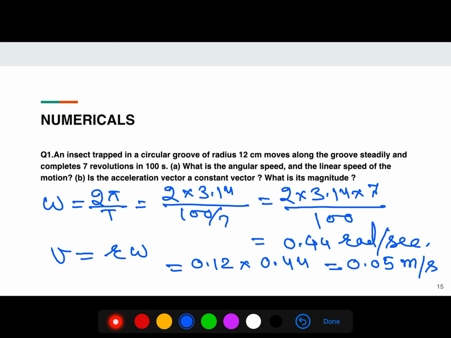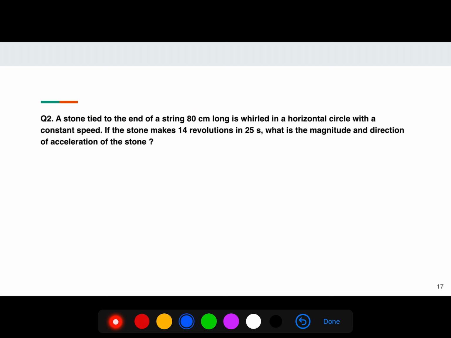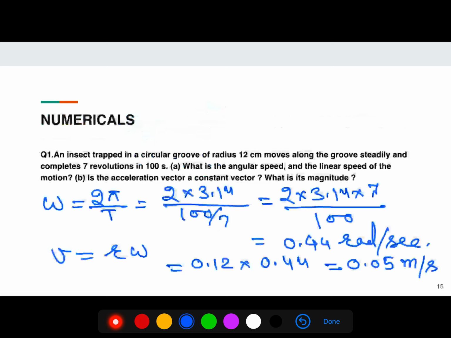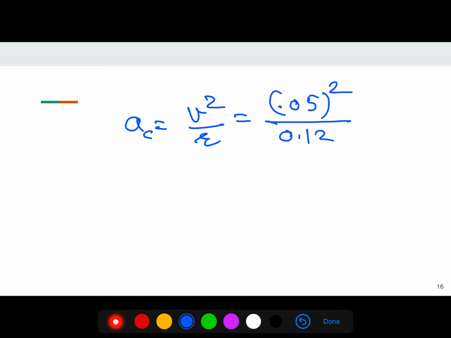And the acceleration vector is a constant. We will find the acceleration. Acceleration is v square by r, and v is 0.05 and r is 0.12.